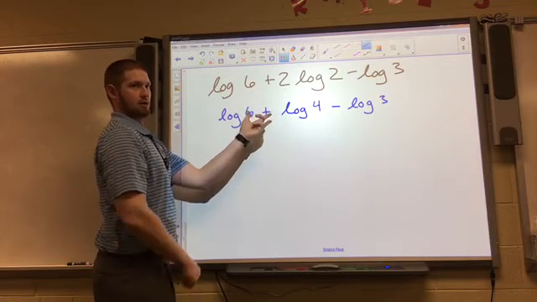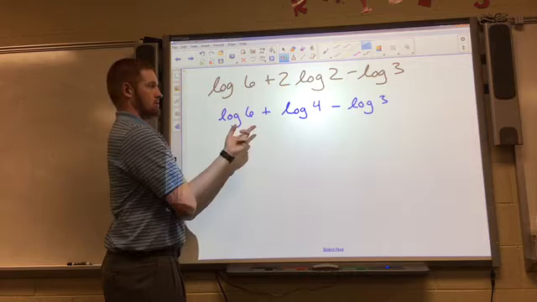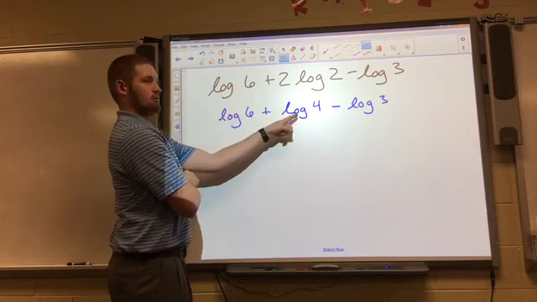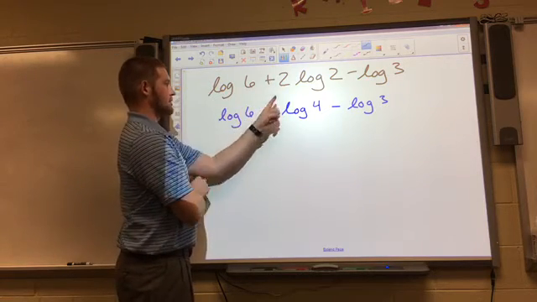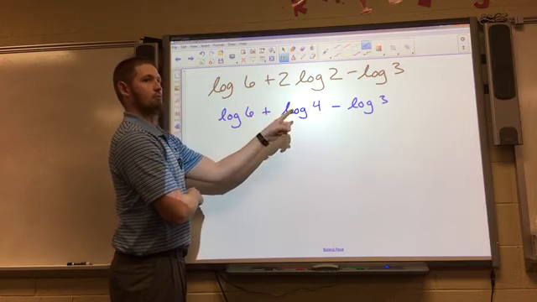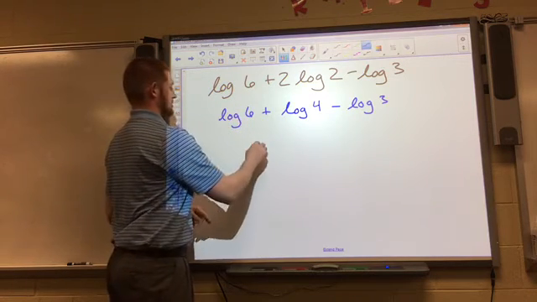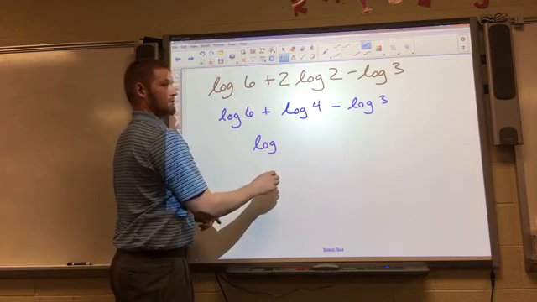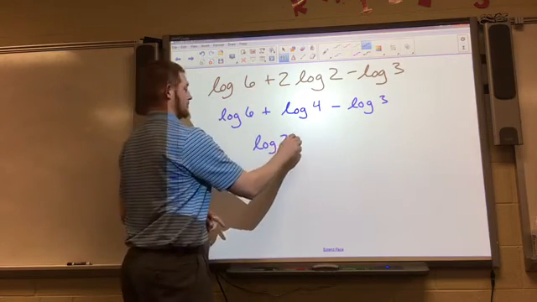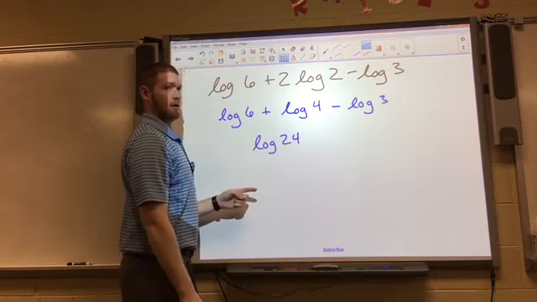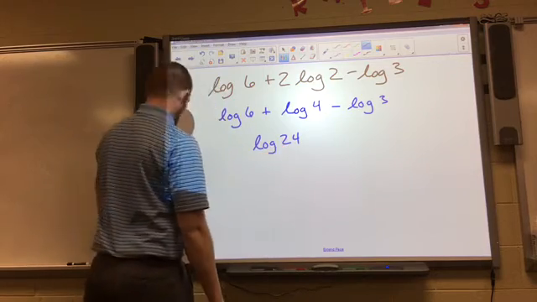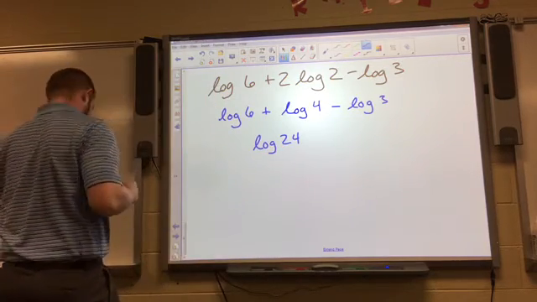Got to be careful there. That's where it gets catchy. If I add 2 logarithms together, it's because these 2 numbers are being what? Multiplied. Right? So it's actually log of 24.